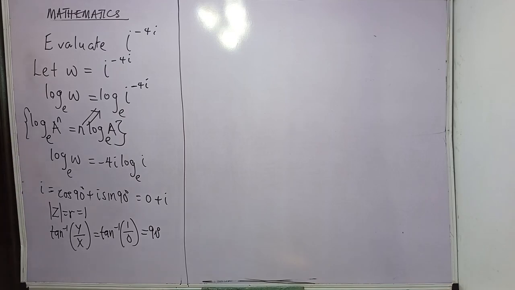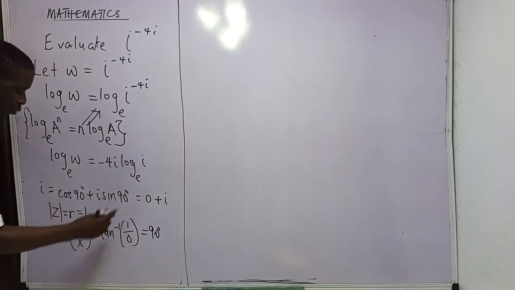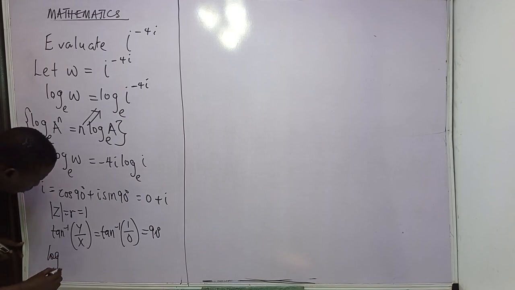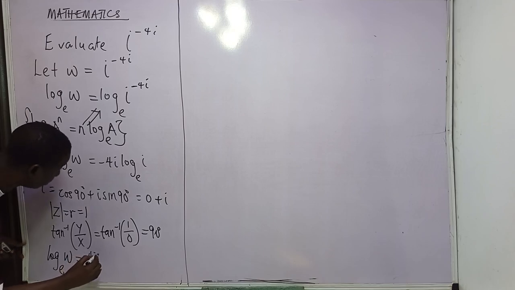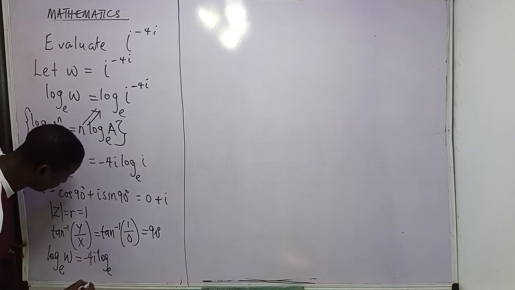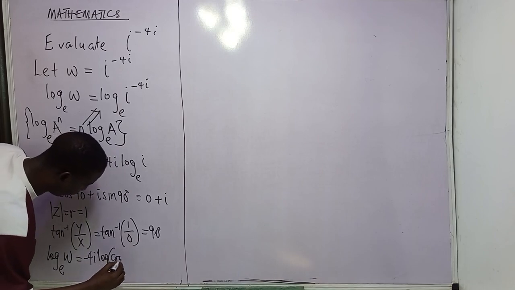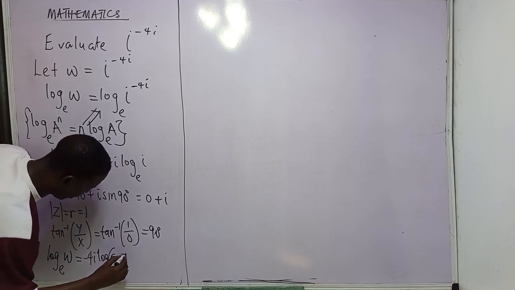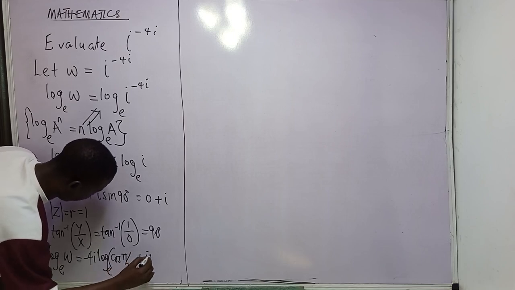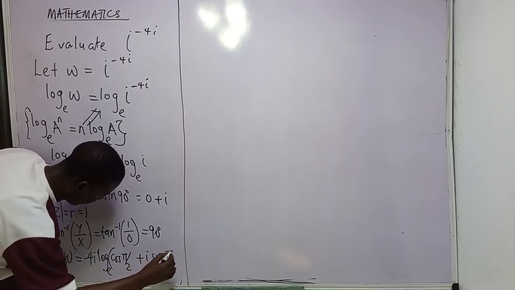Now let's continue with the work we are doing. Let's bring the polar form here. We have log to base e of W equals minus 4i log to base e of cos pi over 2 plus i sin pi over 2.